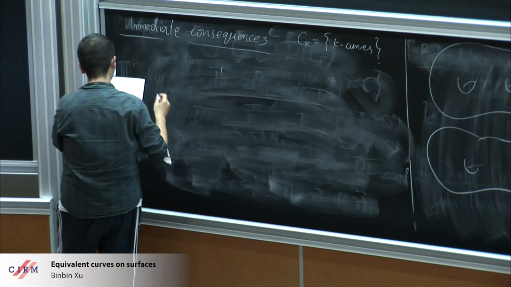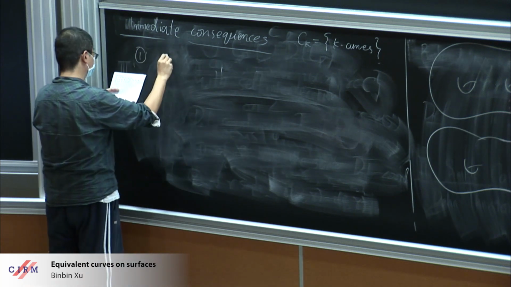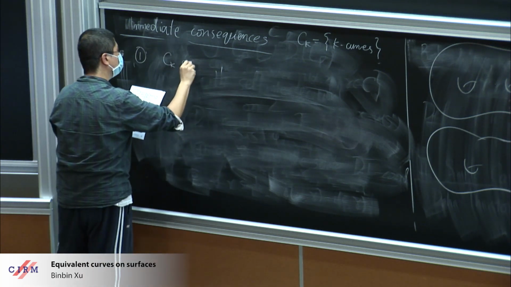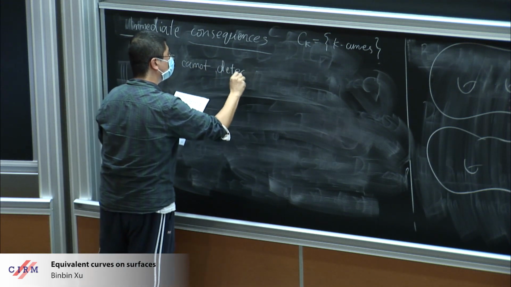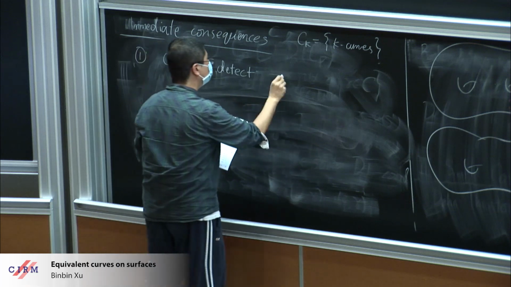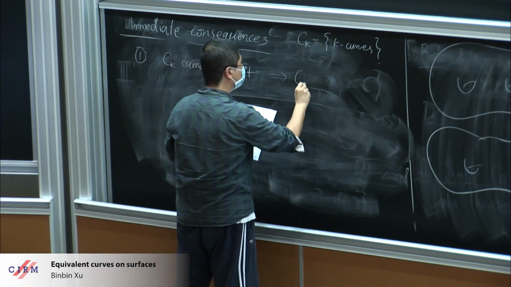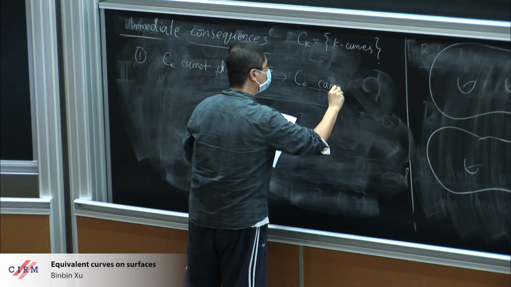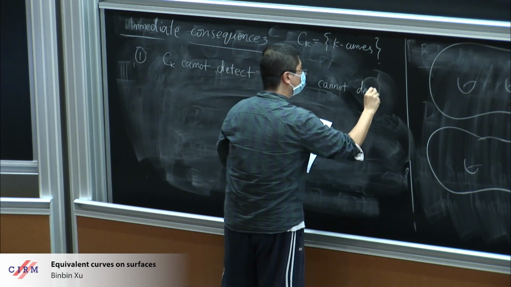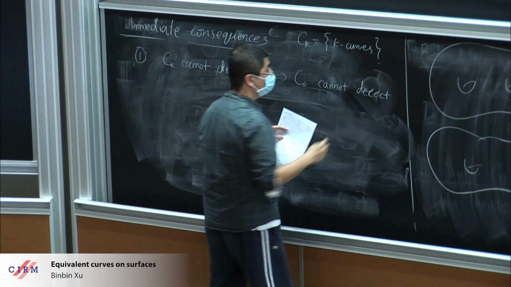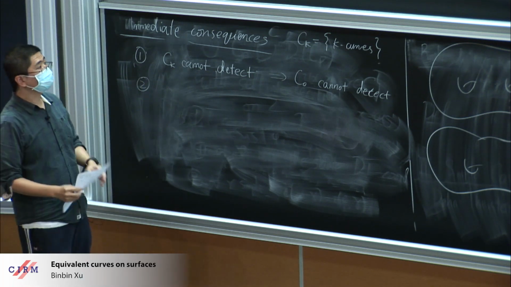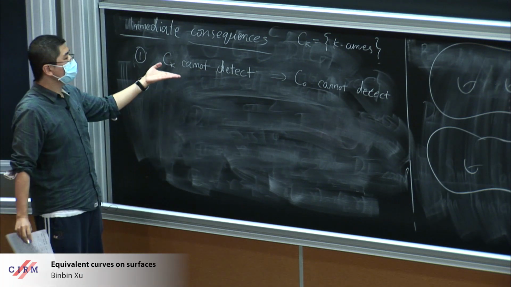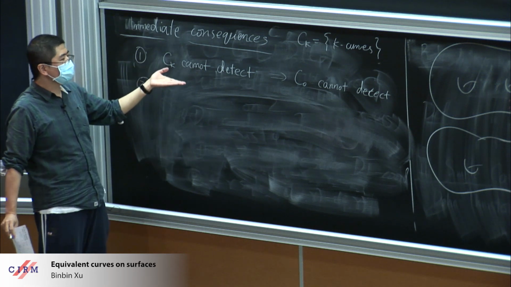So one, if Ck cannot detect the two curves, this means C0 also cannot detect these two curves either. And secondly, so this seems like a good start point.